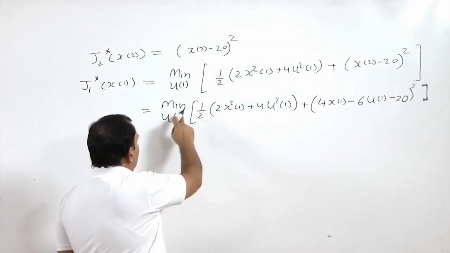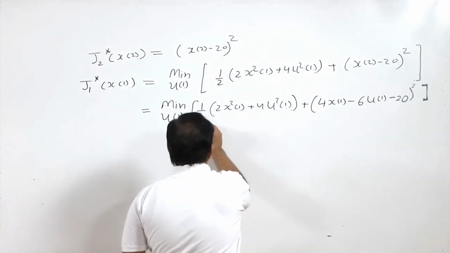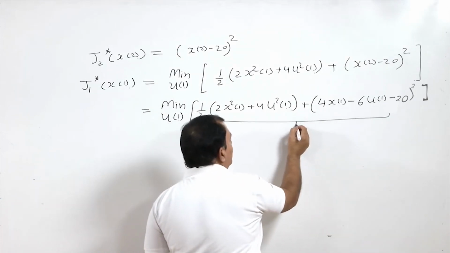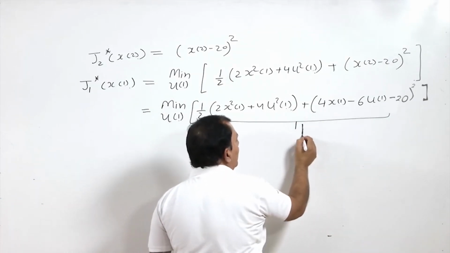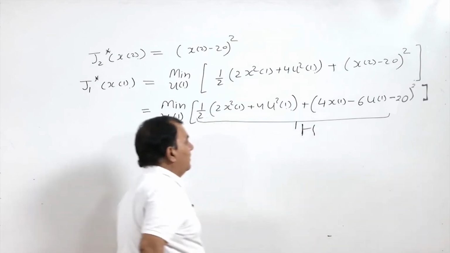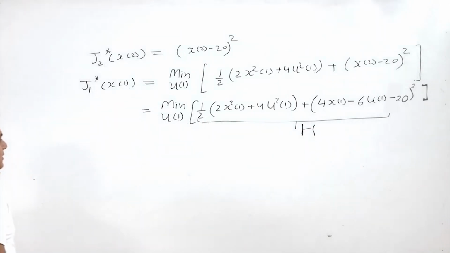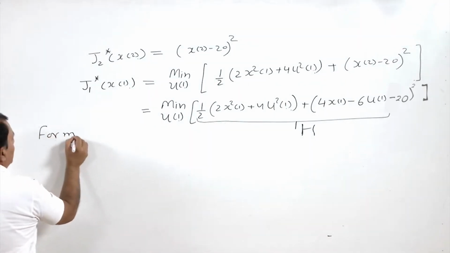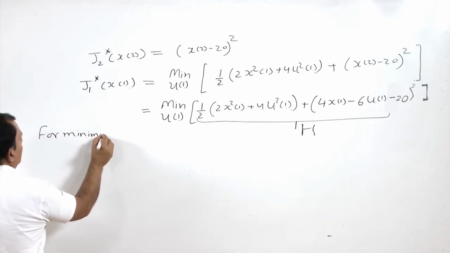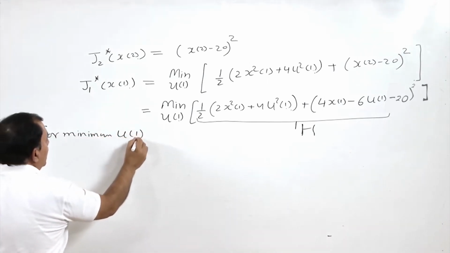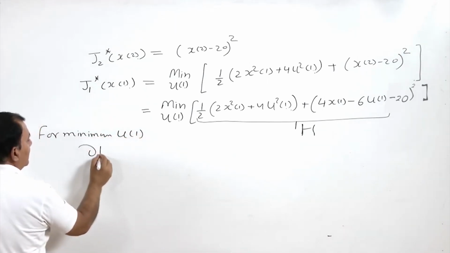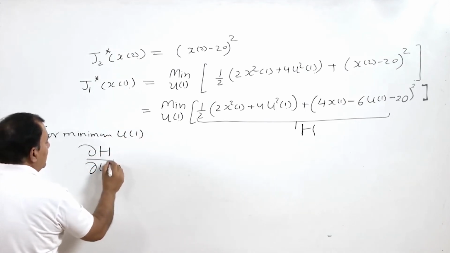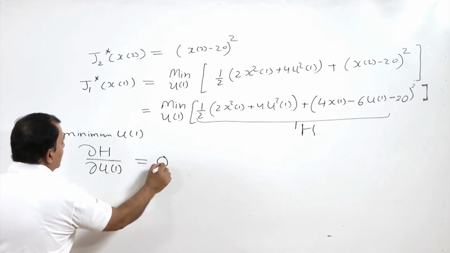So, minimum over u1 means I have to find the minimum with respect to u1 of this quantity. Let us say this quantity is H. For the minimum over u1, my del H by del u1 will be 0.